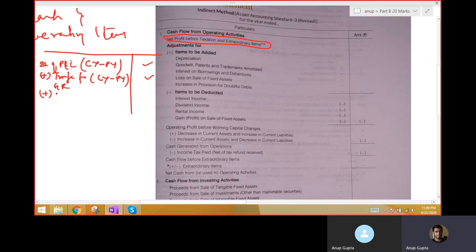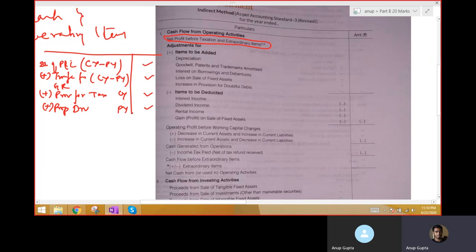Then you add provision for tax. Provision for tax of which year? Current year. Okay. Then you add proposed dividend of which year? Previous year. The syllabus has changed, so we only deal with the previous year's proposed dividend. For the current year's proposed dividend, we don't record it anywhere.